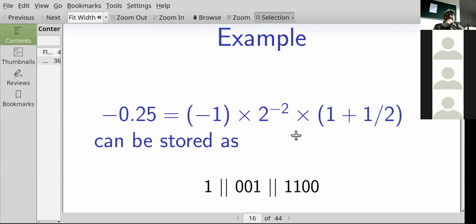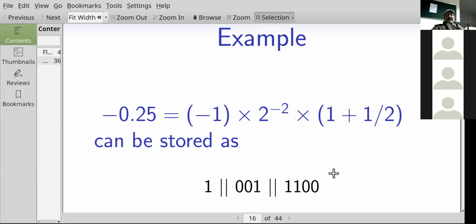Well, -2 plus 3 is 1. So in binary now we want to write 1. Well, with 3 bits, that's 0, 0, 1. And now what's the number part? That's 1 times 2 to the 0 plus 1 times 2 to the -1.